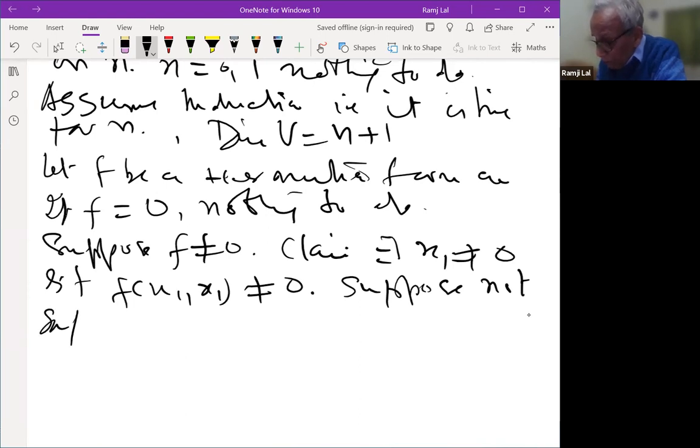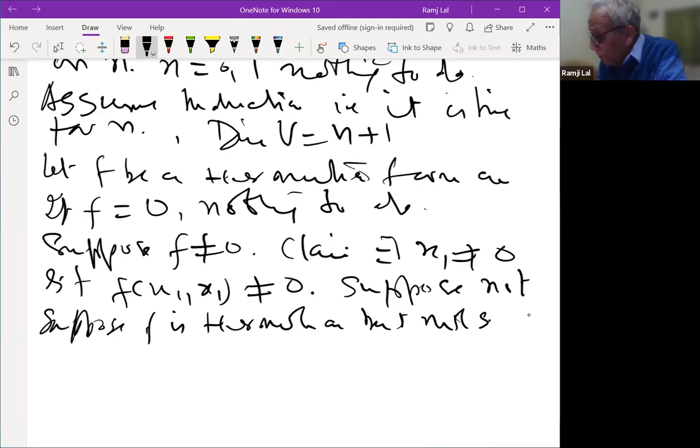So suppose F is Hermitian but not symmetric. So F is not symmetric.